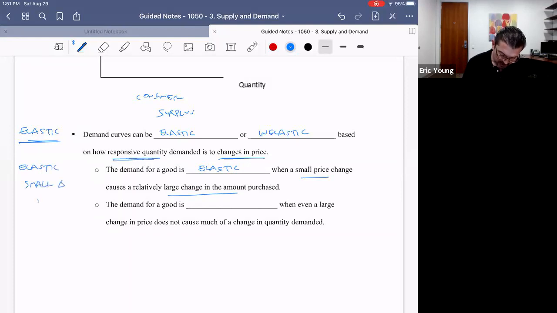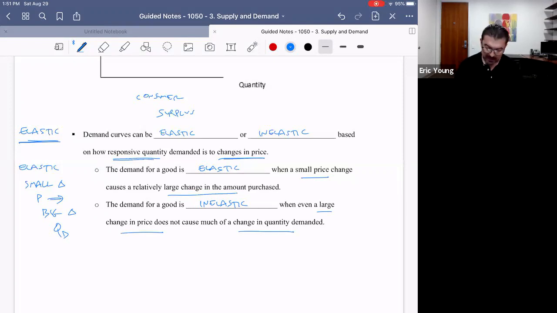So an elastic curve, a small change in price, the triangle delta, not just an outstanding sorority full of fine young ladies, but the Greek symbol for change and the symbol for economic change. A small change in price will lead to a big change in quantity demanded. On the other hand, the demand for a good is considered to be inelastic when even a large change in price doesn't really have much of an effect on quantity demanded.